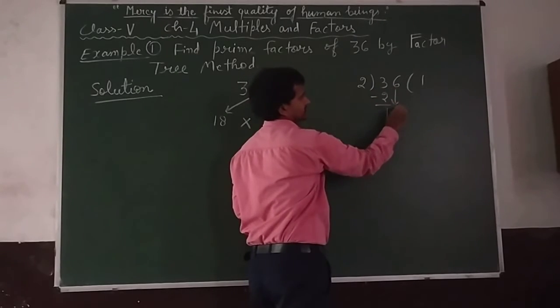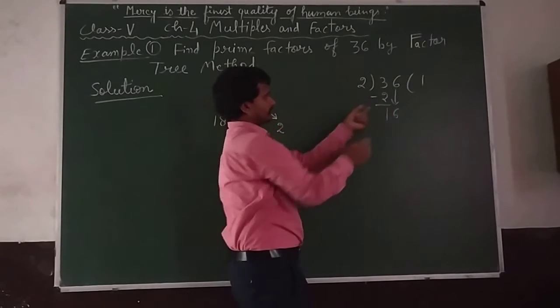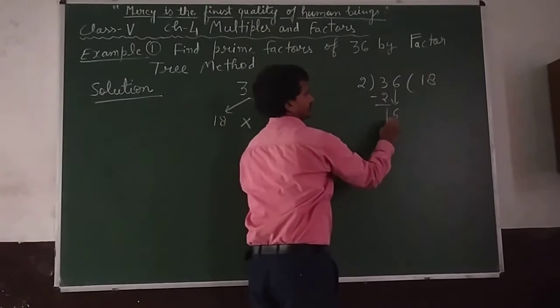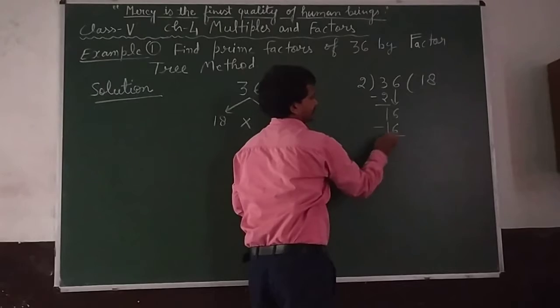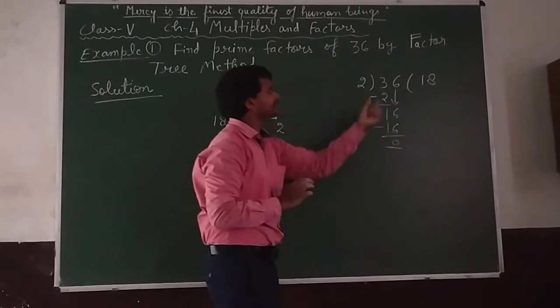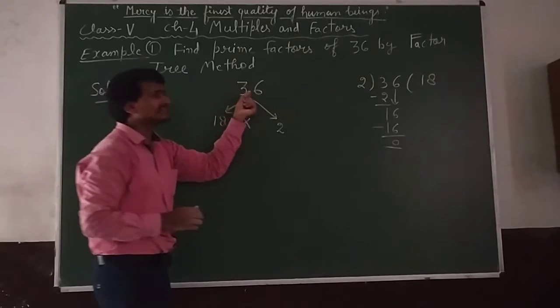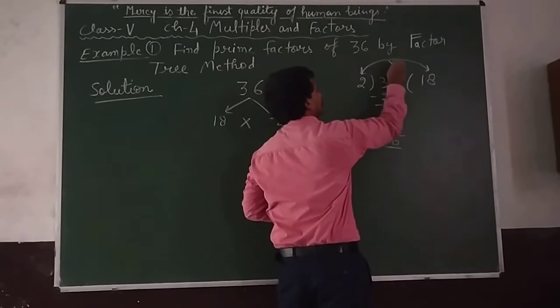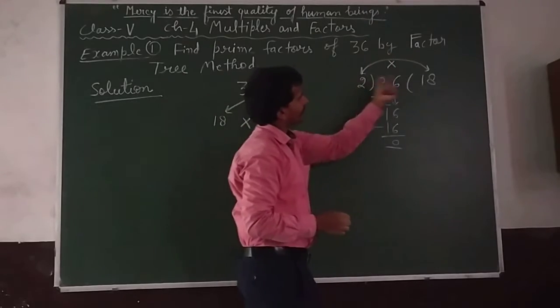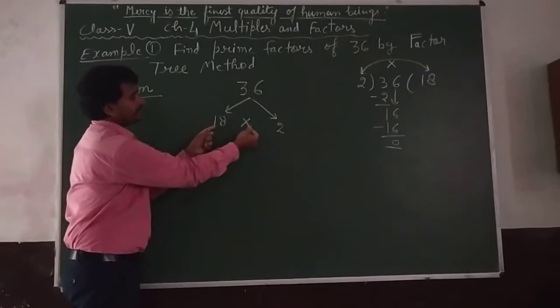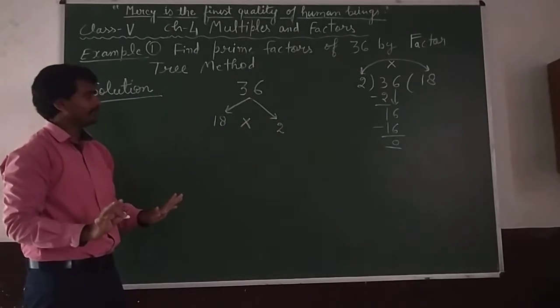Note down this 6. 16 divided by 2, 2 8s are 16. How many times? 18 times. That means we can write 36 as a multiple of 2 and 18. So we write here 36 as 18 multiplied by 2.